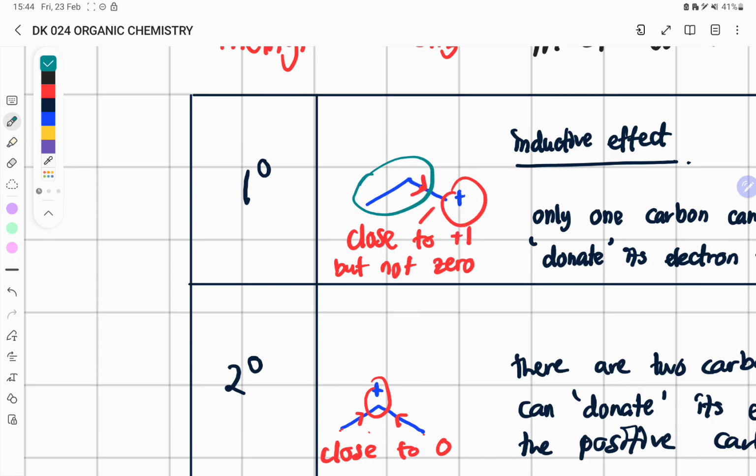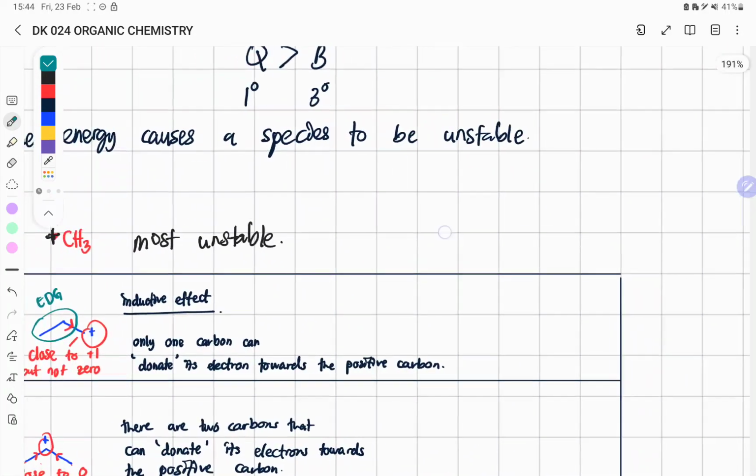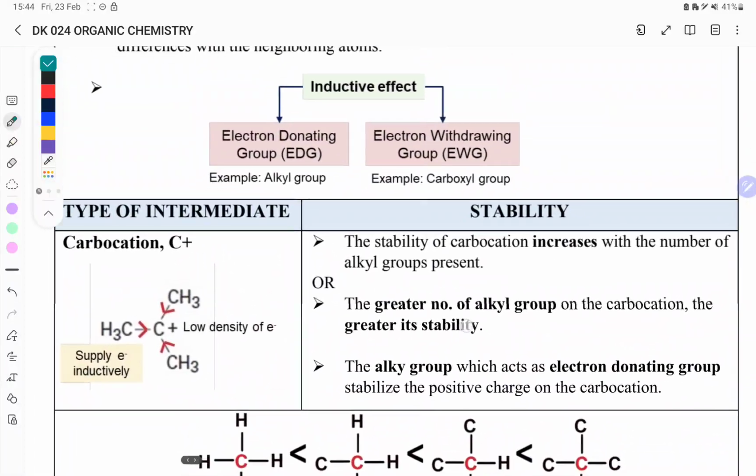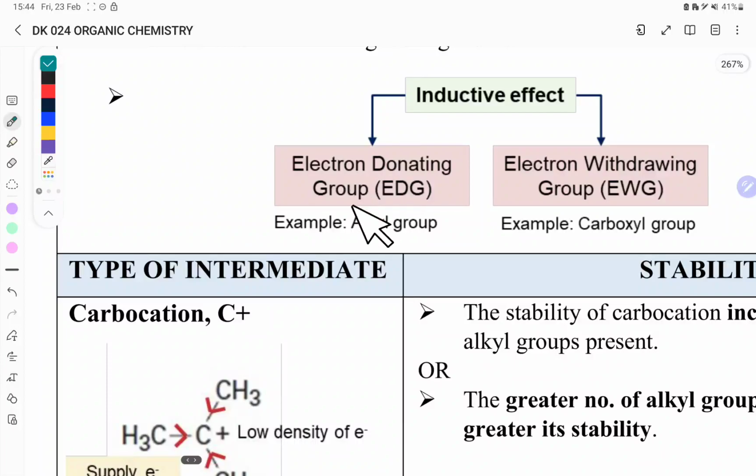Dan grup ini kita panggil sebagai elektron kita akan tolak di sana kan. Kita nak donate, betul? Jadi kita panggil dia sebagai electron donating group ataupun EDG. Okay, so kalau kita tengok dekat page seterusnya tadi, ini EDG. Contoh EDG adalah alkyl group. We will focus more into alkyl group later on dalam chapter alkane.